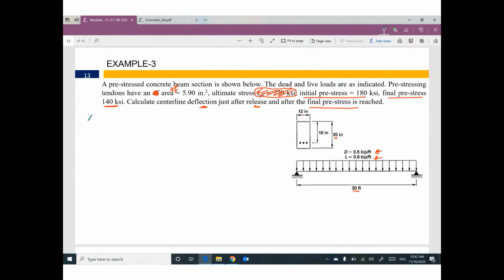The first one is just after release. So we have dead load only, and we have the initial pre-stress force. Does that make sense?